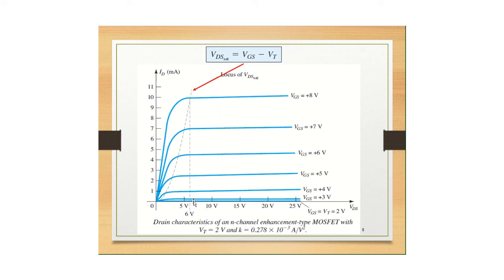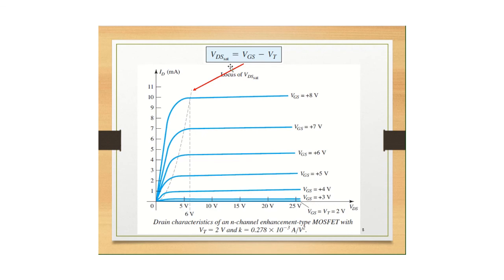So what you're observing here is, as you are keeping VGS constant and varying VDS, the drain to source voltage, at some point the current remains constant. Okay, so that point we call VDS sat or VDS saturation.